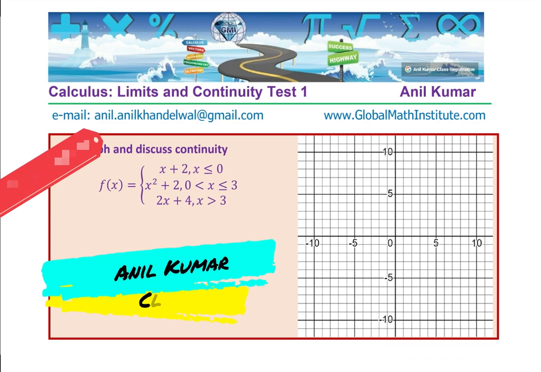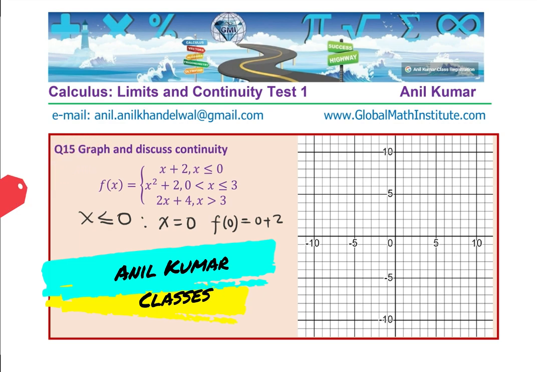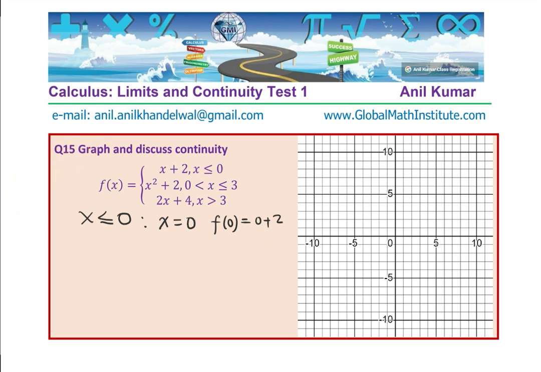We'll consider when x is less than or equal to 0. So we can take a point when x is equal to 0. In that case, the value of the function will be what? Substituting 0, we get 0 plus 2 or just 2. So we get our first point, (0, 2).